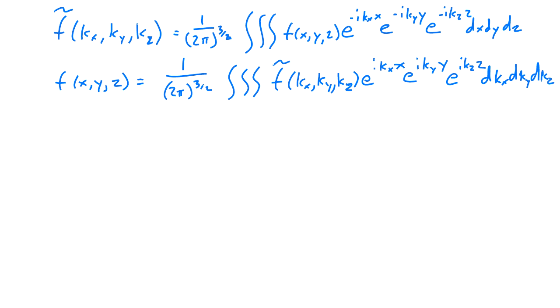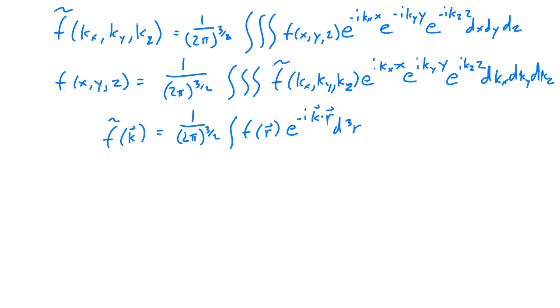Now you might ask the question, well, what happens if you're in spherical coordinates? Well, in spherical coordinates, f of k, where k here is written as a vector in 3 dimensions, would be equal to 1 over 2 pi to the 3/2, times the integral of f of the vector r, e to the minus i vector k dot vector r, integrated over the volume.